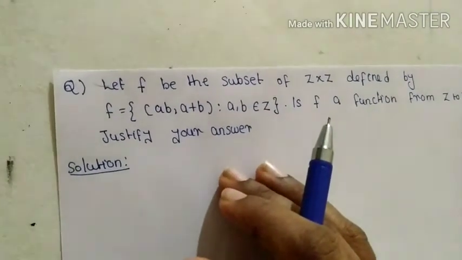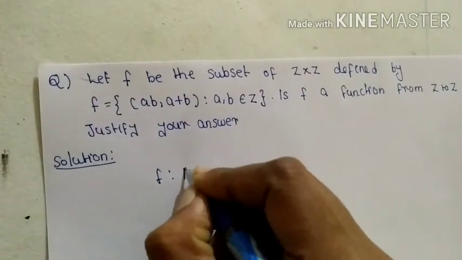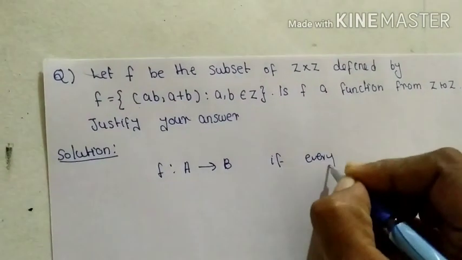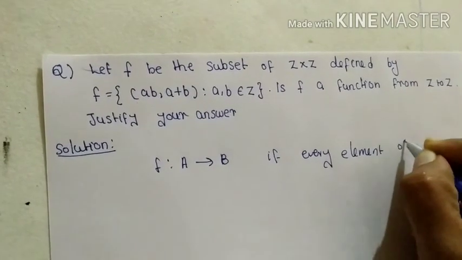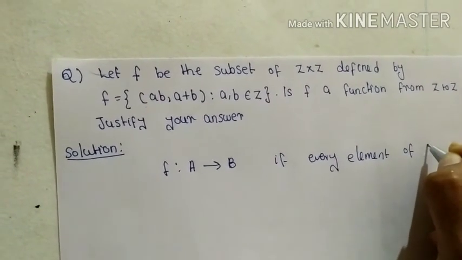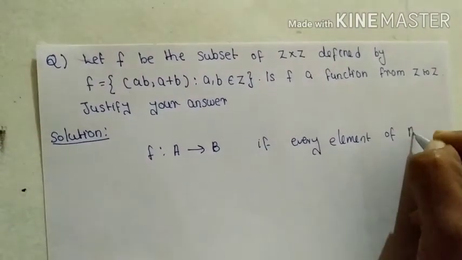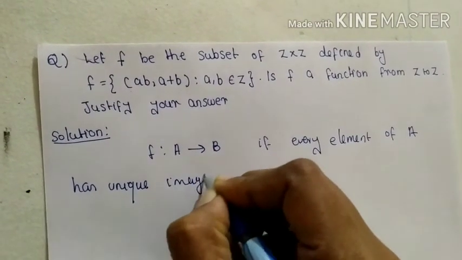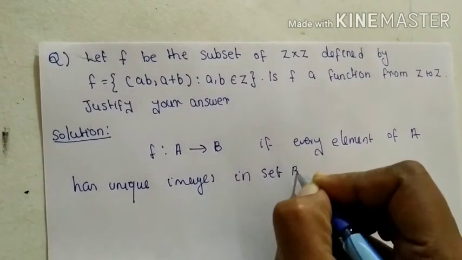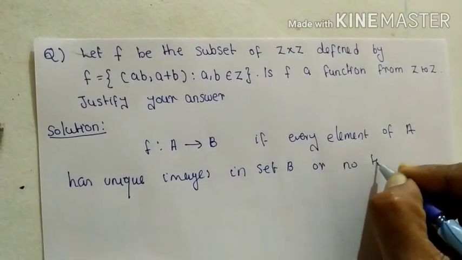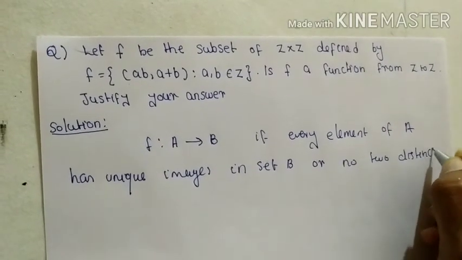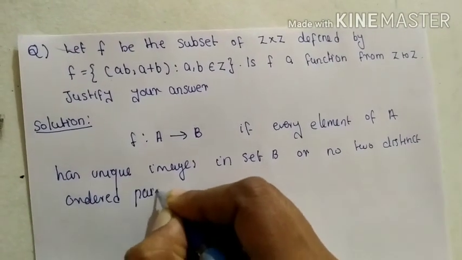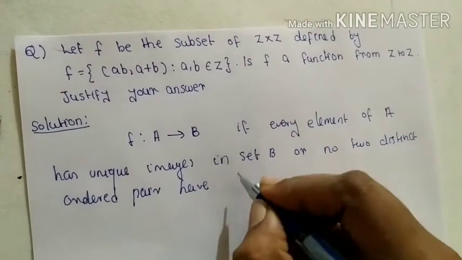We know that a relation f from A to B is said to be a function if every element of set A has a unique image in set B, or no two distinct ordered pairs have the same first element.